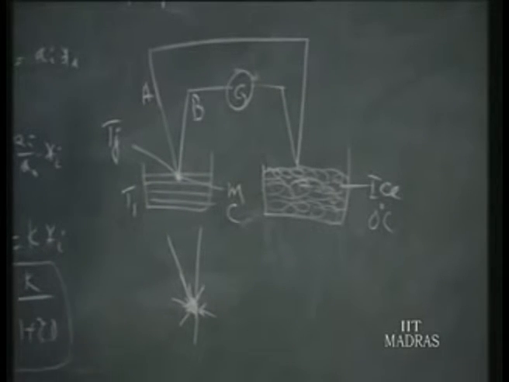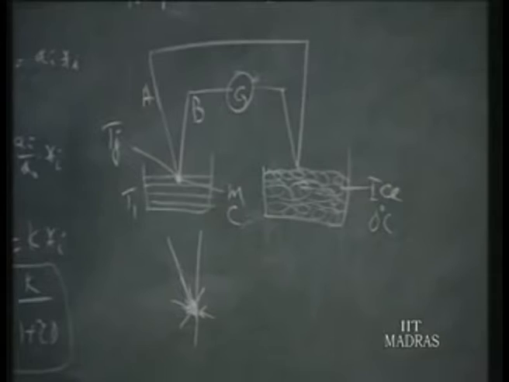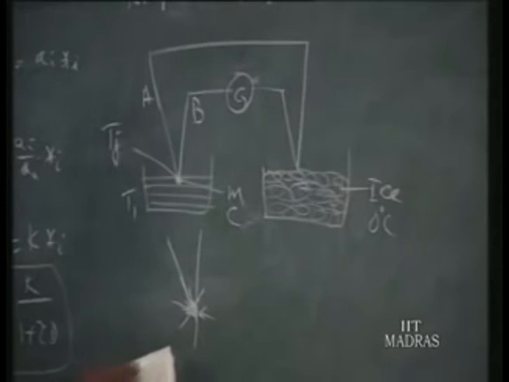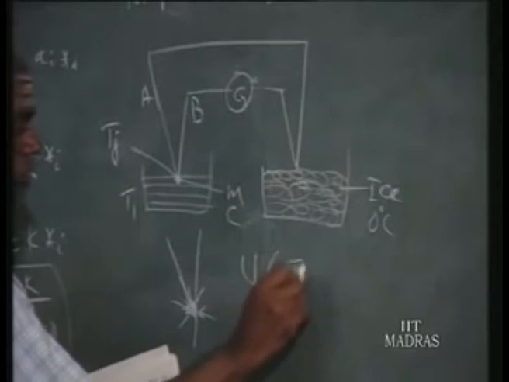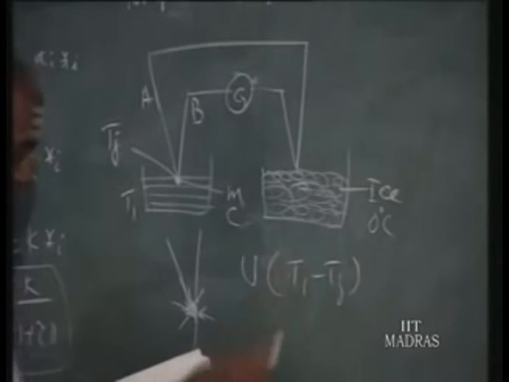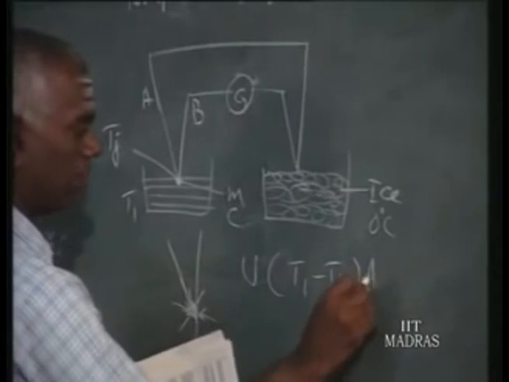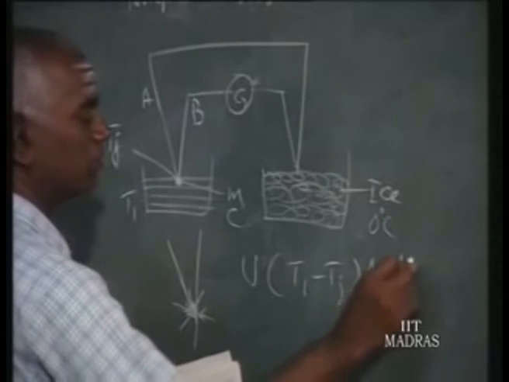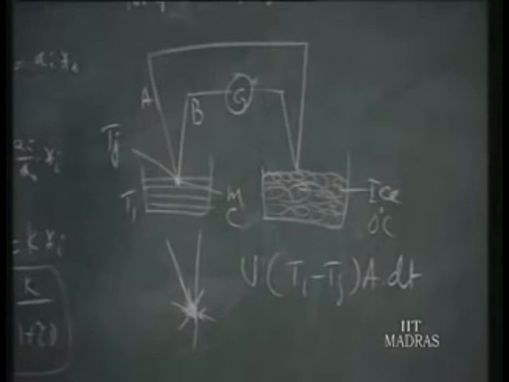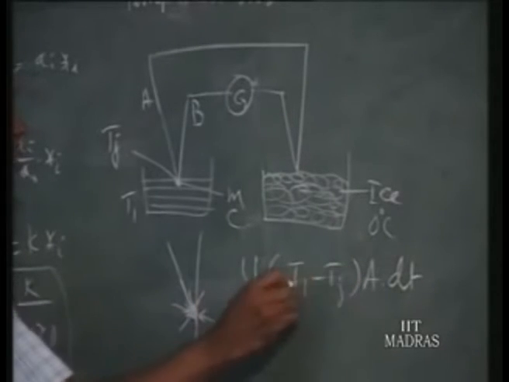In this situation, we equate the heat transmitted through the surface area to the heat stored by the thermocouple junction. We write this equation: U into (T1 minus Tj) into A for a duration of dt. In a given duration, this is the heat that has flown through the surface area: heat transfer coefficient, area and temperature difference.